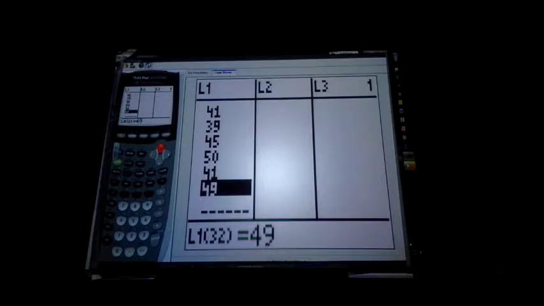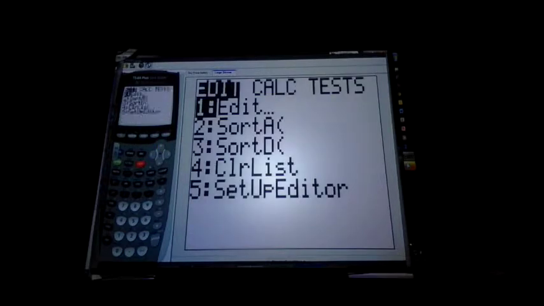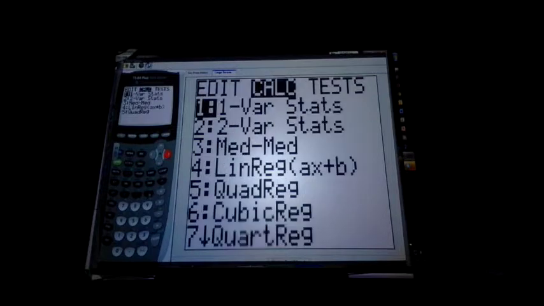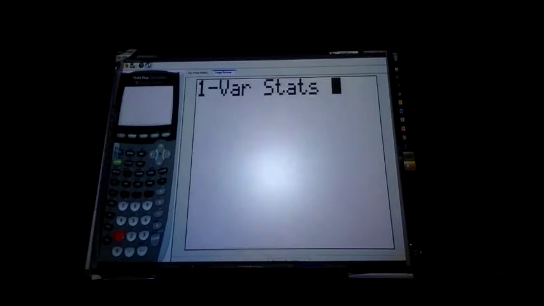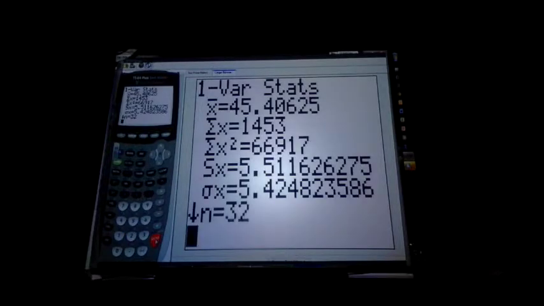Okay? So from here, I'm just going to go stat, calculate. I'm going to do the one variable statistics of my list 1. Hit enter, and then I get this information. So it tells me I have an average of 45.40 or 45.41 roughly. The summation of all my data is 1453.